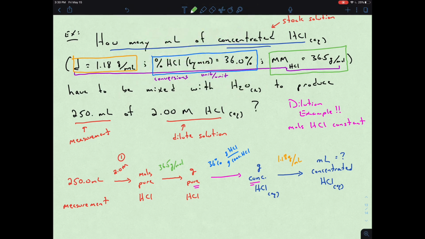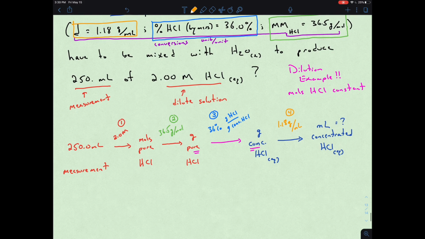Then we're going to use our molar mass to get to grams of pure HCl. Then we're going to use our mass percent to convert from the grams of pure HCl to the grams of the actual concentrated HCl solution. And now we're going to figure out the volume of that concentrated HCl solution that I need in order to make this 250 mL 2 molar HCl solution.